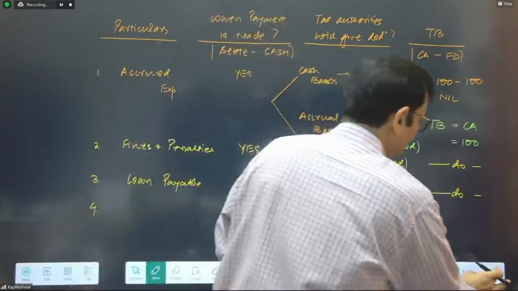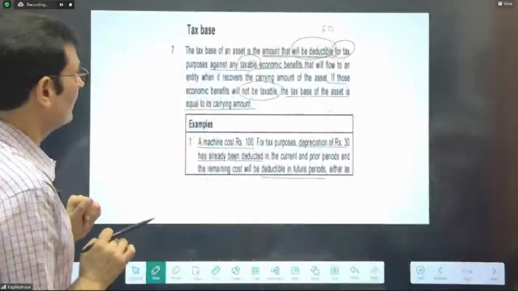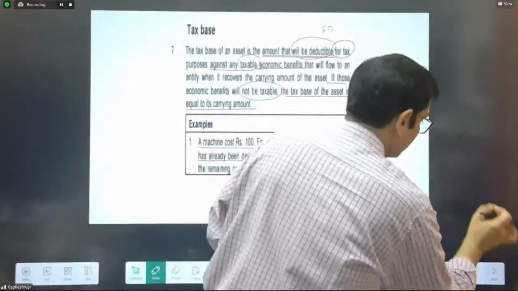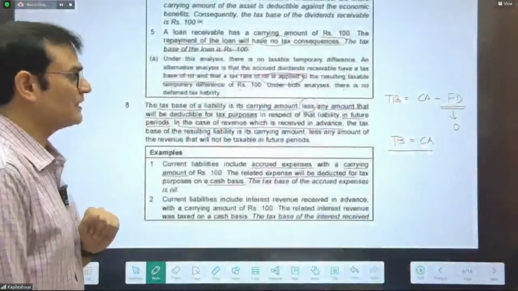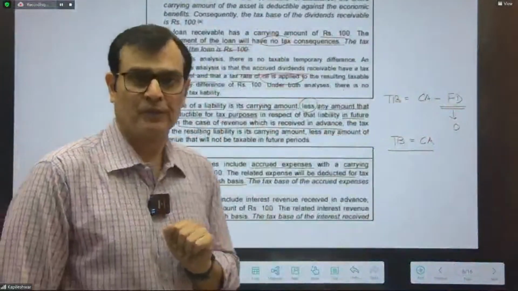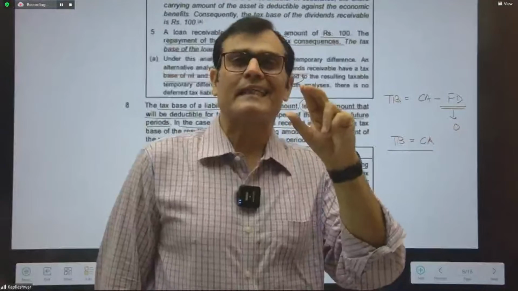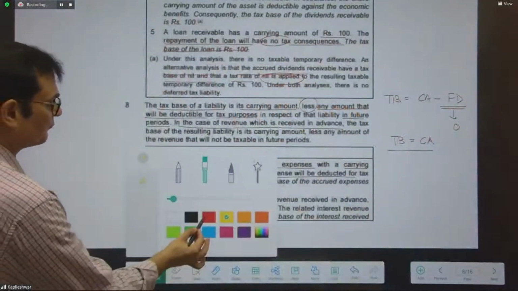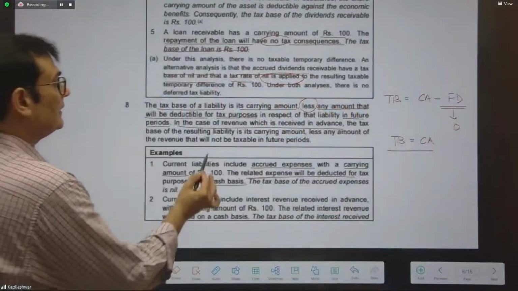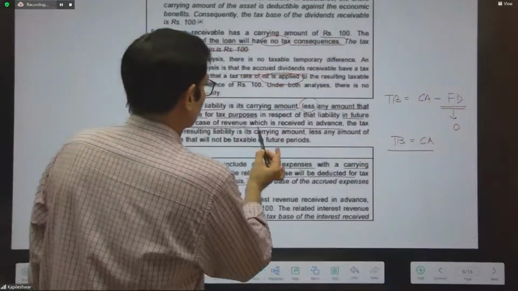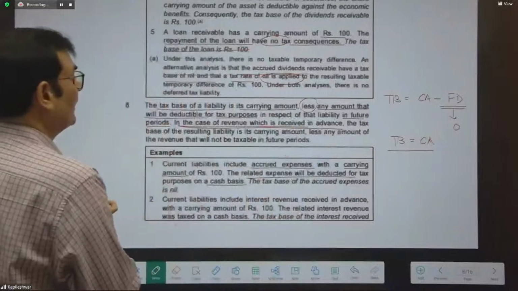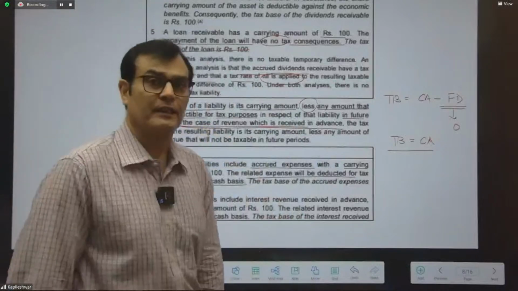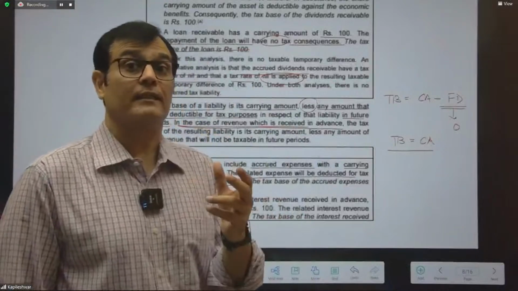Let's now come back to the second part of the definition of a tax base of a liability. Watch this carefully. In case of revenue received in advance, are you going to settle in cash?